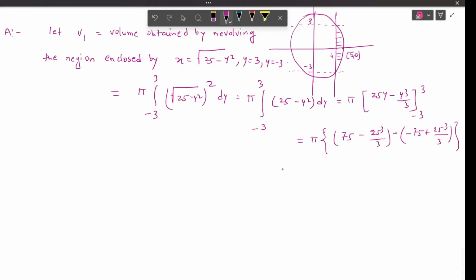So this will be 75 plus 75. This is 150 pi, and this is your minus 25 cube by 3. This is minus 25 cube by 3, and this will be minus twice 25 cube by 3 pi. Okay.